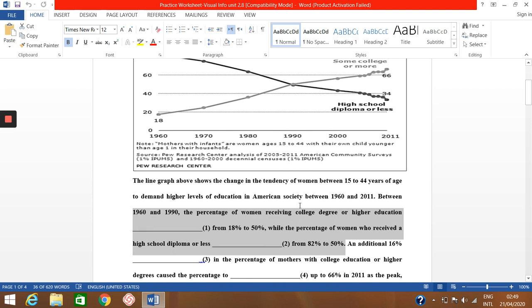Therefore, if you want to fill in the gap given here, you have to use a verb that describes an ascending, or let's say an upward trend, either by saying increased, you can write increased here, or grew, if you want to use the past tense of grow, or rose as the past tense of rise.